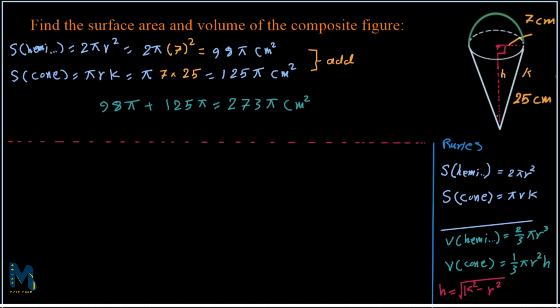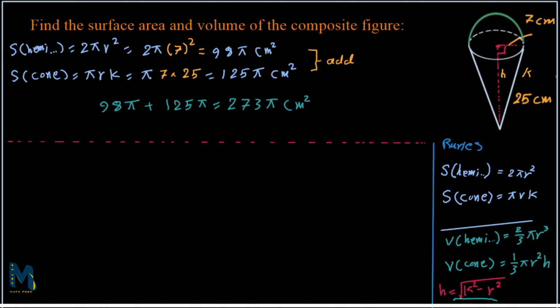Let's move on to find the volume for both of them, volume of a hemisphere and volume of a cone. But for the volume of a cone we have h, and we don't have the value of h, so h is missing. By this Pythagorean theorem we can find the value of h.